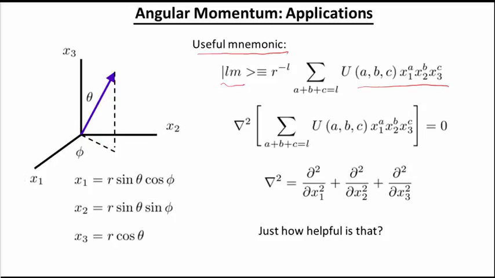That is, it consists of products of the three coordinates x1, x2, x3, where the net power a plus b plus c is equal to L, the index of the spherical harmonic, all divided by r to the L. So you see this is dimensionless.